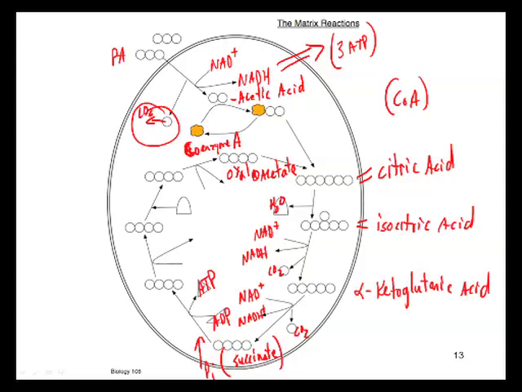Actually, it's indirectly. I've left out a step just to simplify things. But we're still getting ATP. So now we actually end up with a slightly different 4-carbon molecule.